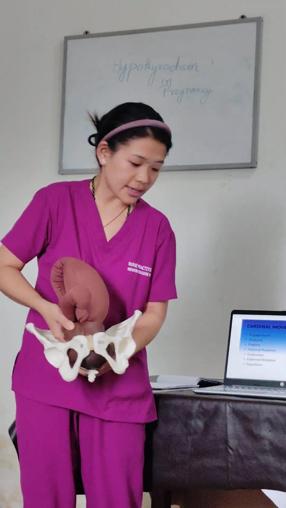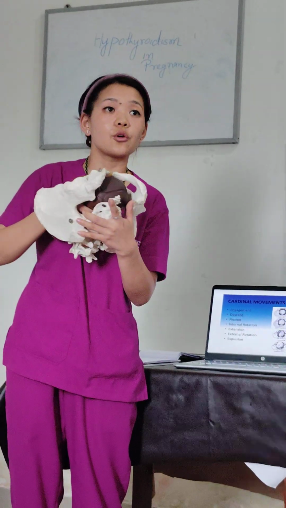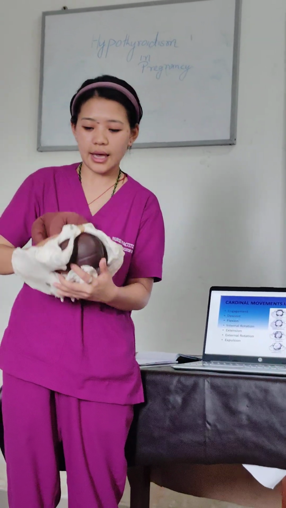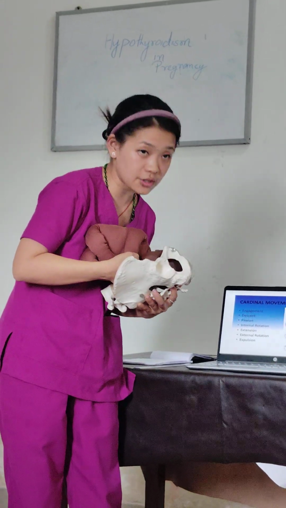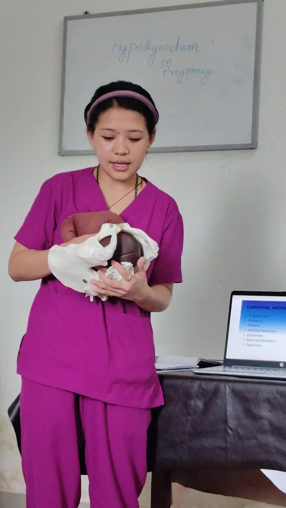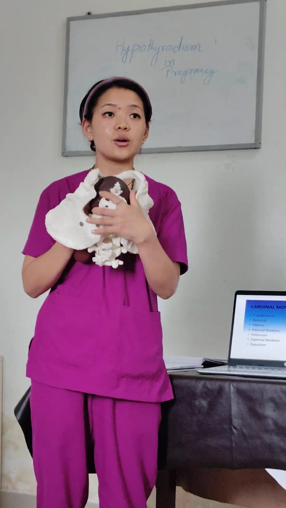हाँ ठीक है. Then comes the flexion. Flexion कैसे होता है? क्योंकि ये floor of the pelvis को reach करता है. And then what happens? The chin of the baby touches the chest of the baby. Then it will be flexed. जब flex होता है तो क्या होता है?